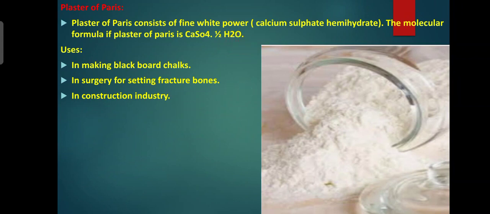Known since ancient times, plaster of Paris is so called because of its preparation from the abundant gypsum found near Paris, capital of France. Plaster of Paris is prepared by heating gypsum, where it gets partially dehydrated.